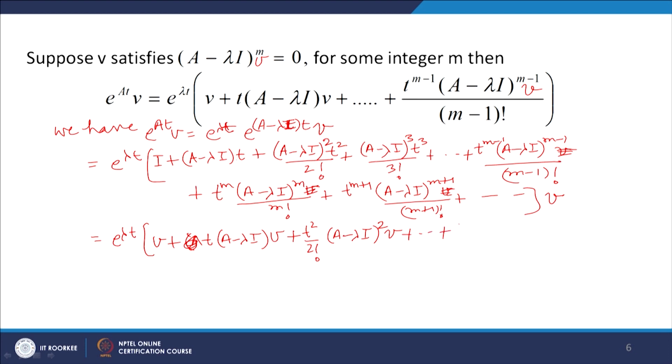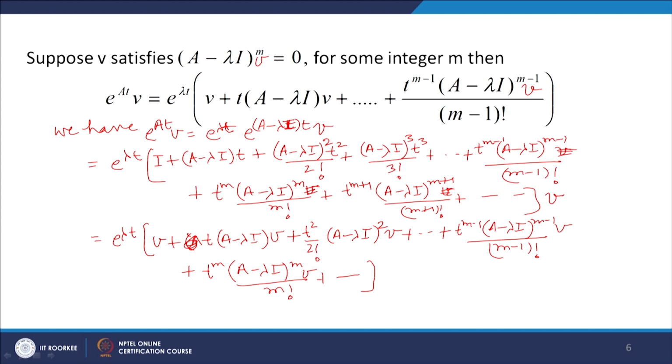We get t to the power m minus 1 (A minus lambda I) to the power m minus 1 b upon m minus 1 factorial, and then we have t to the power m (A minus lambda I) to the power m b upon m factorial and so on. Now, if b satisfies (A minus lambda I) to the power m b equal to 0 for some positive integer m, then what will happen?